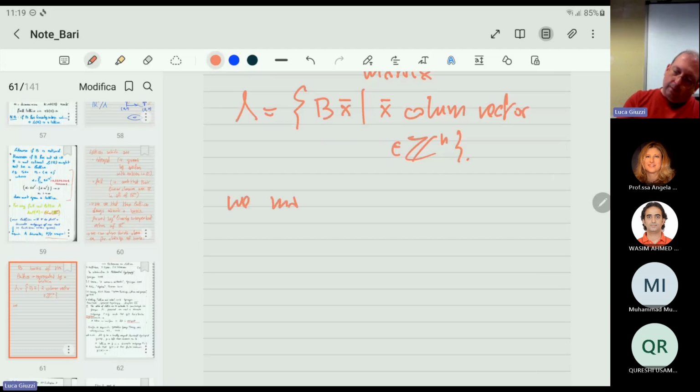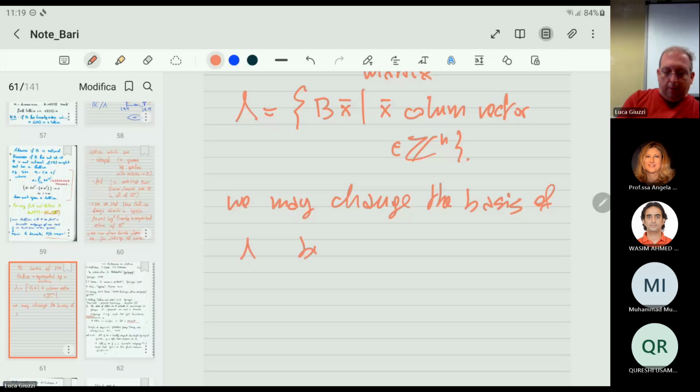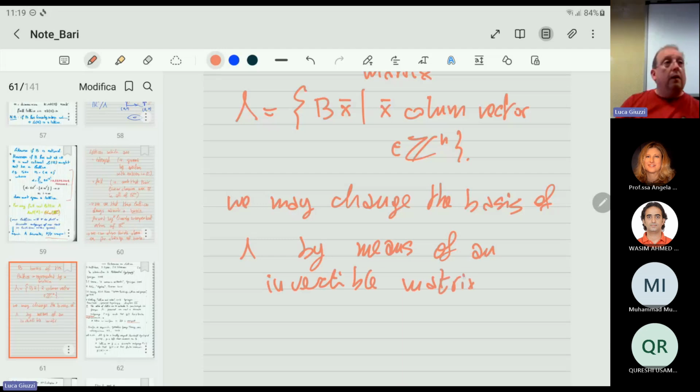We may change the basis of lambda by means of an invertible matrix. This we can always do as an idea. But the point is that we must send a basis of a lattice into a basis of a lattice.